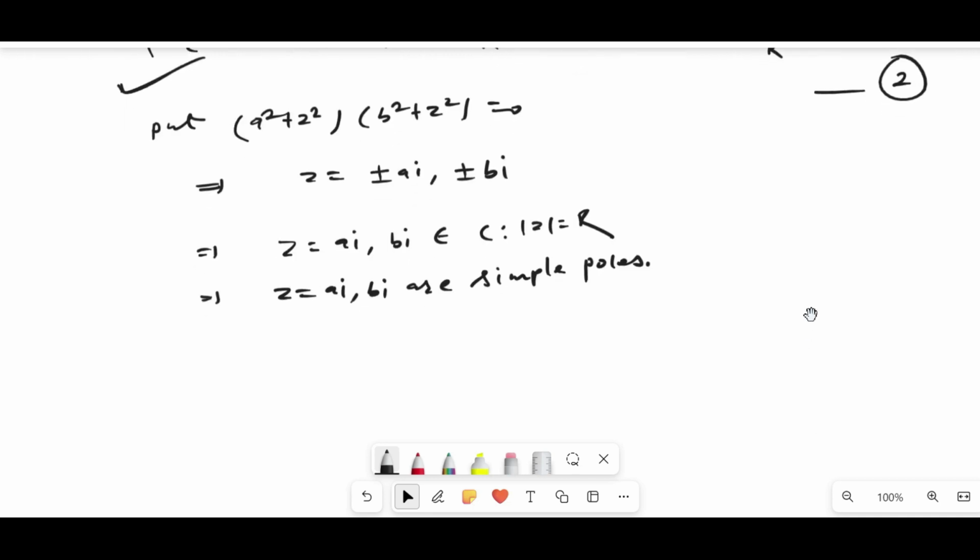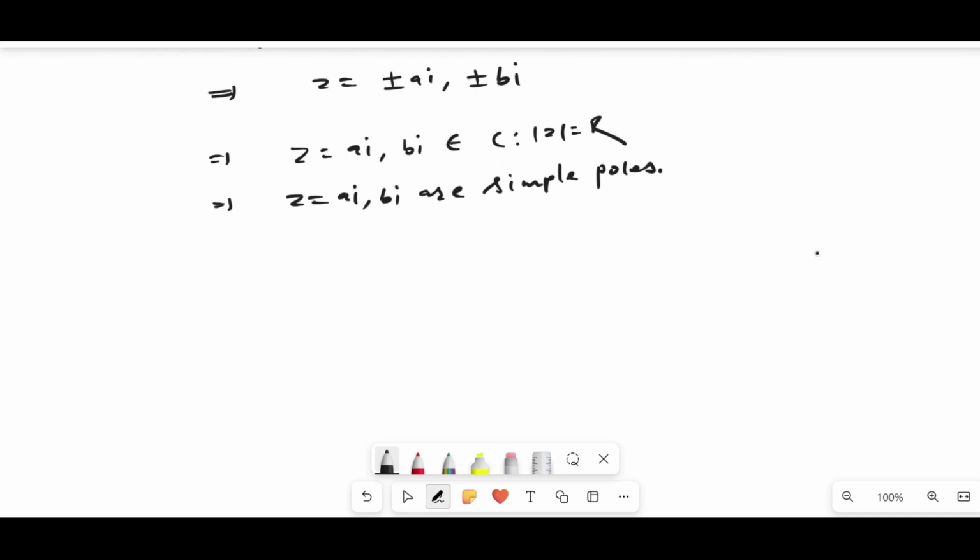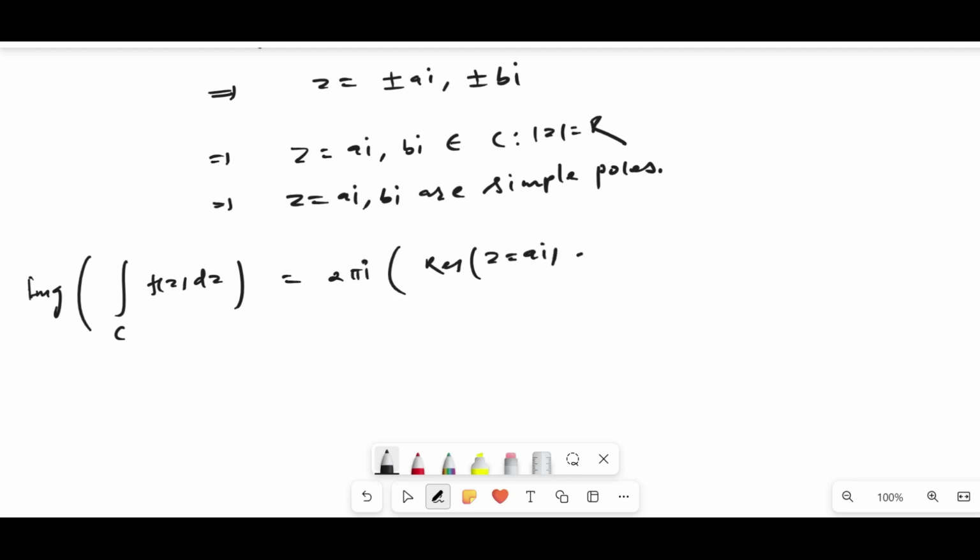So therefore, the imaginary part of the integral over the curve C of f of z dz will be equal to 2 pi i times the sum of the residue at z equal to ai plus the residue at z equal to bi.